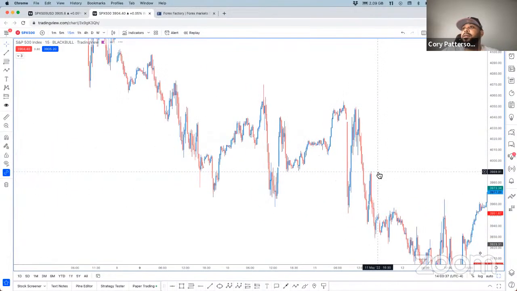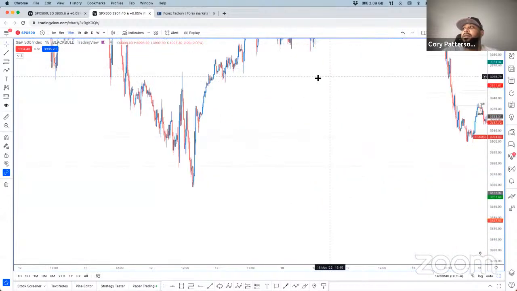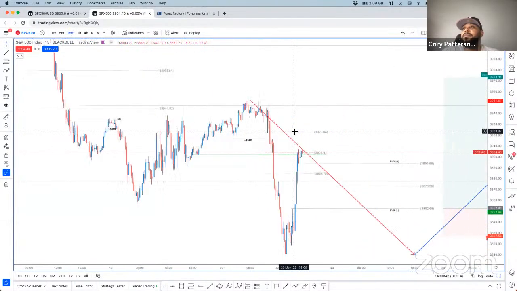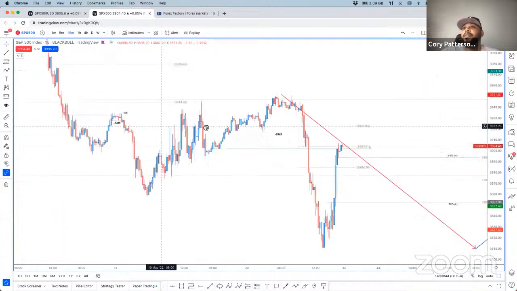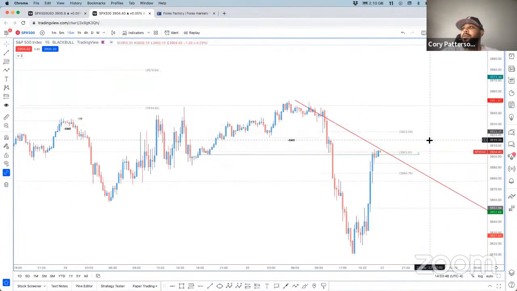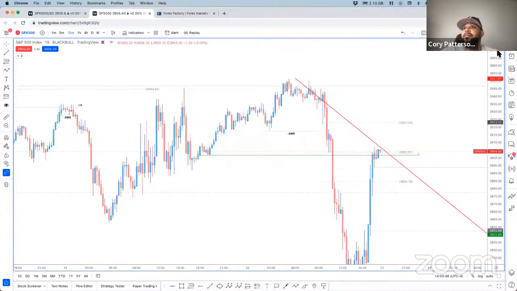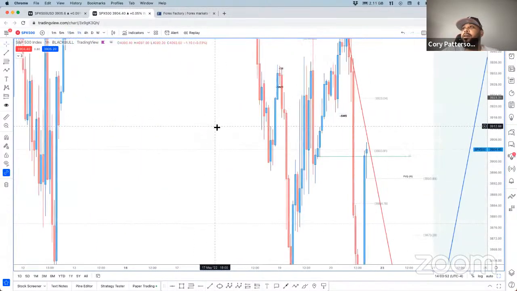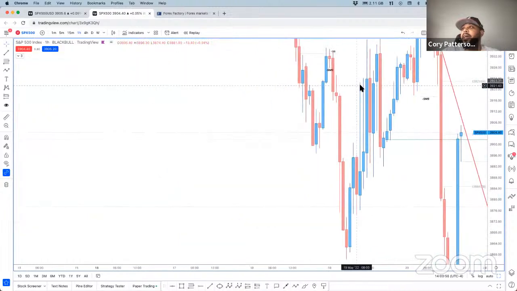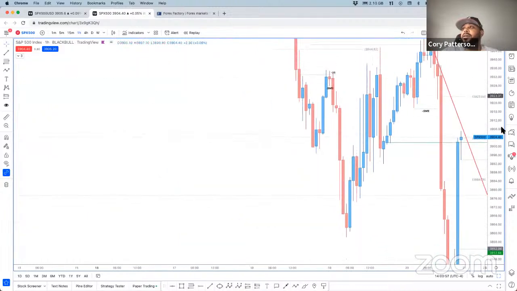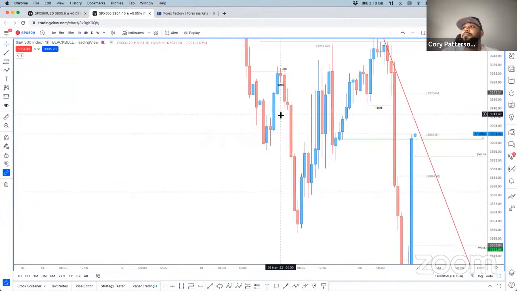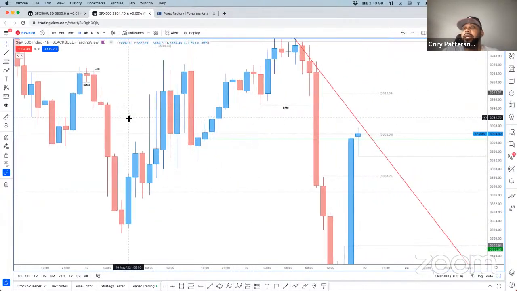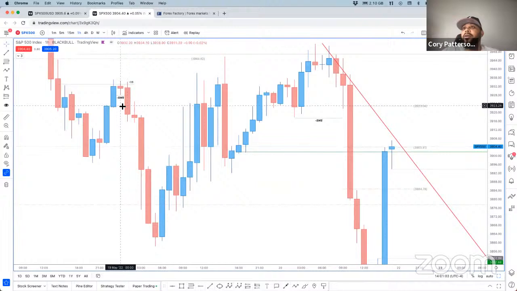Up here, right? Same little area on a higher time frame. We can go to the 1 hour. On the lower time frames, we had a shift in market structure, early signs, right? Then you can see on the 1 hour right here, we got a shift in market structure as well from this low right here.